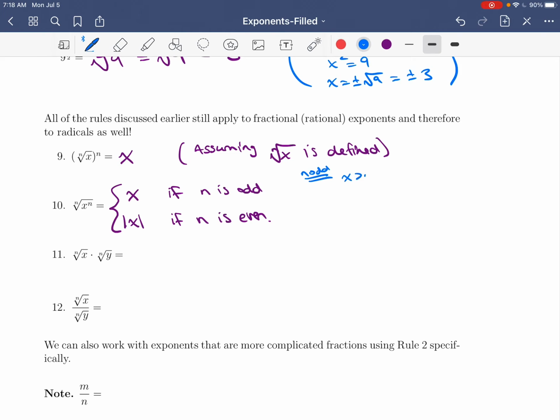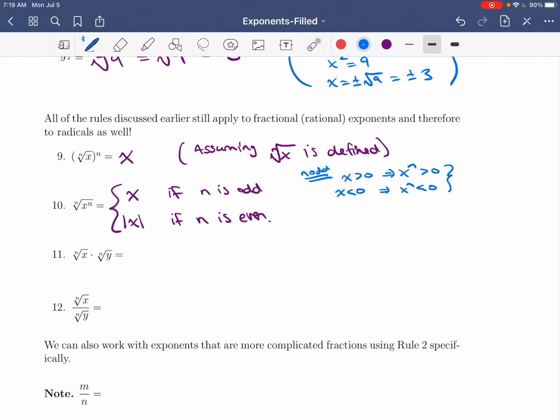if x is bigger than 0, that means x to the n is going to be positive as well. And if x is less than 0, then x to the n, I'm raising it to an odd power, so it's still less than 0. Now this doesn't matter, so then I want to take the nth root.